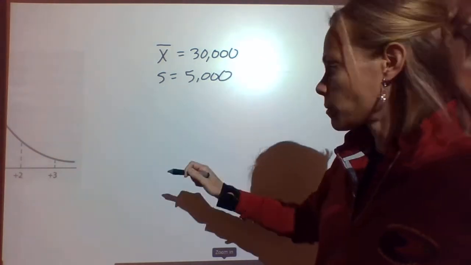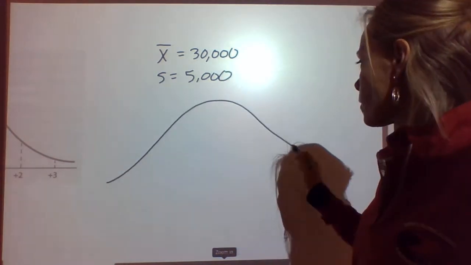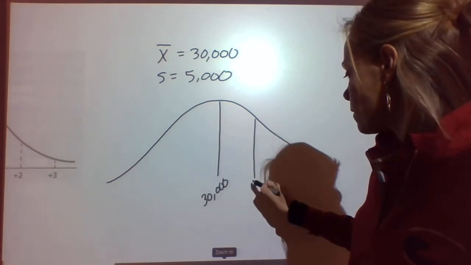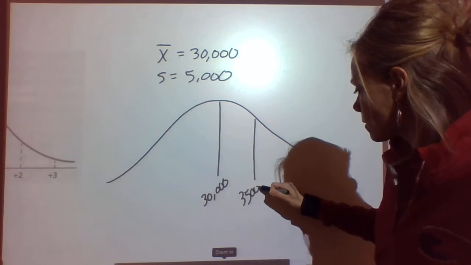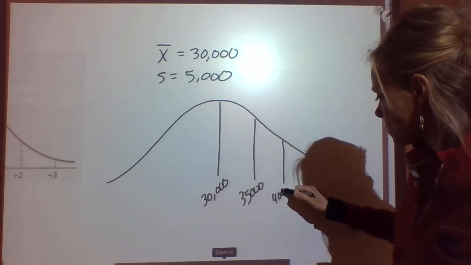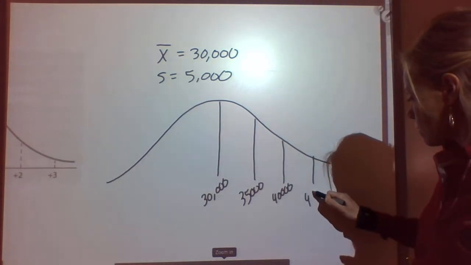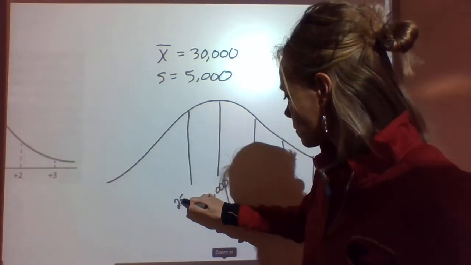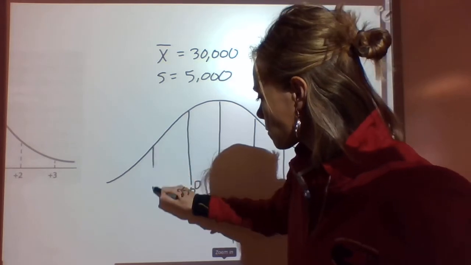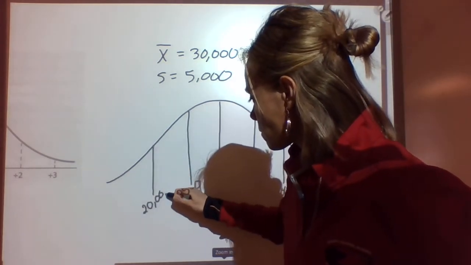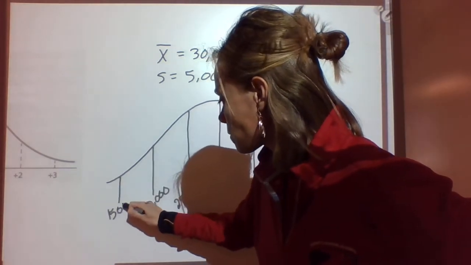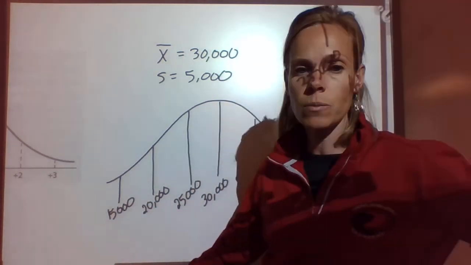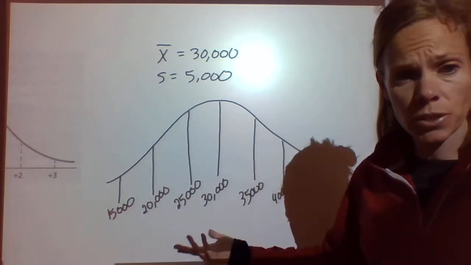And we sketched that normal curve out. We put 30,000 here, and we counted by fives. All right, it's 3 standard deviations both ways, which number one takes some time to do, right?